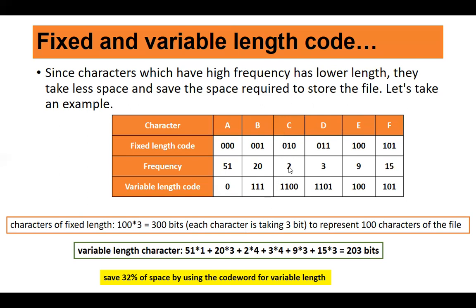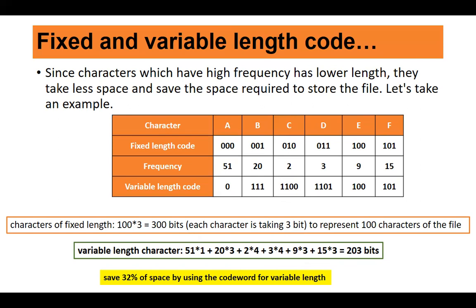C is appearing 2 times out of 100 and its code length is 4, so 2 into 4. Similarly, D is 3 into 4, E is 9 into 3, and F is 15 into 3. Right? When you carry this out, how many bits do you get? You get 203 bits. You can see the difference. It is 300 bits and now it is directly reduced to 203 bits.